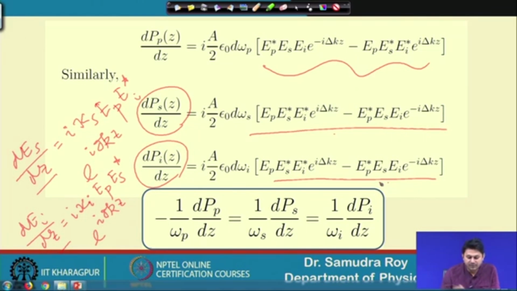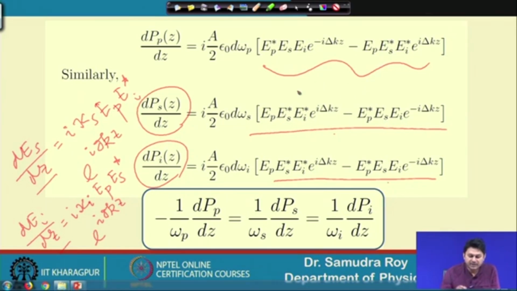The only difference between these is one negative sign, because it is E_p star E_s E_i, but here you have E_p E_s star E_i star, which is this term, and this term is here.